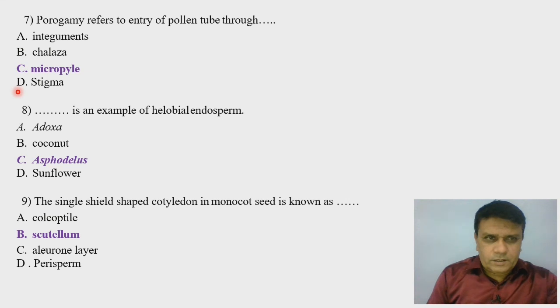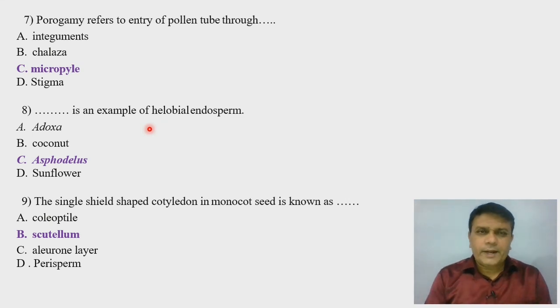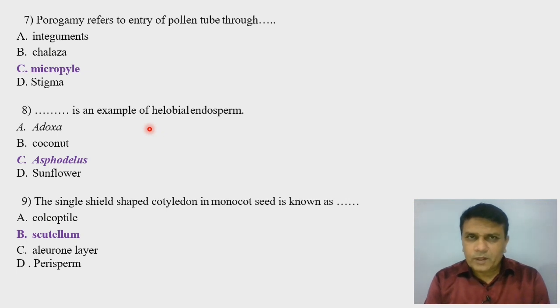Then the next one is, dash is an example of helobial endosperm. Now you know that endosperm in the seed is produced from triploid primary endosperm nucleus, which is the product of second fertilization. And in plants or in seeds, three different types of endosperms are found. These are helobial, then nuclear endosperm, and cellular endosperm.